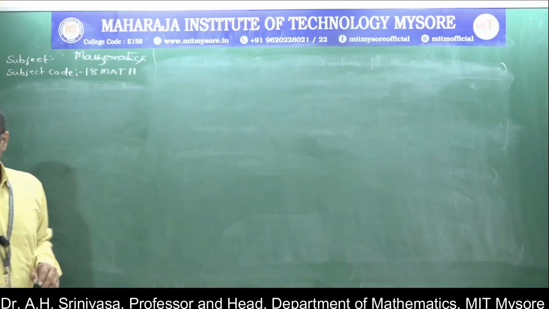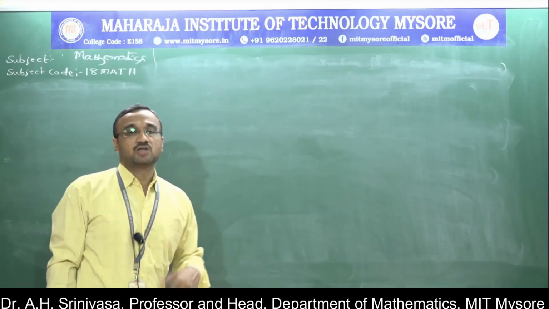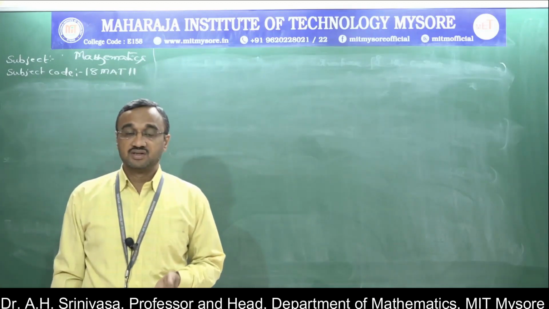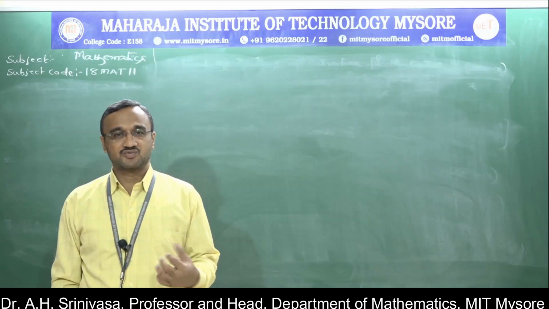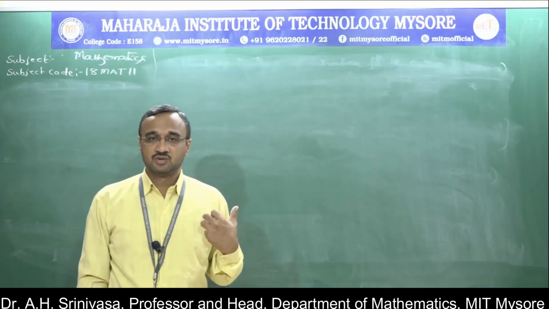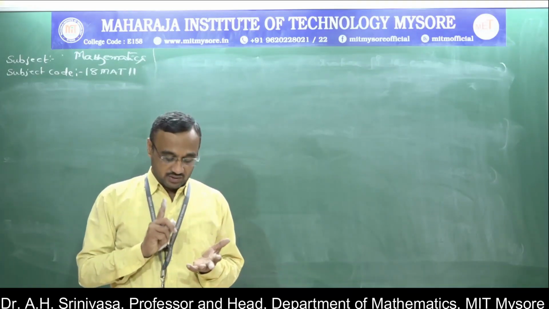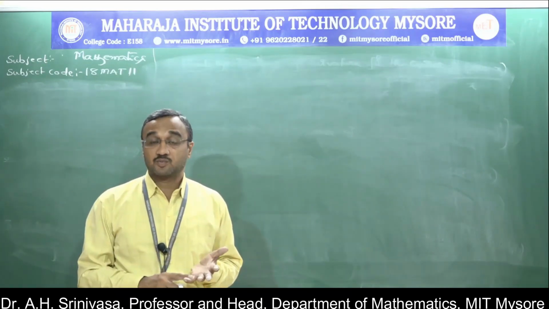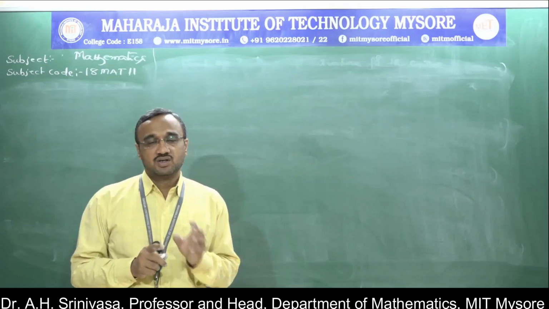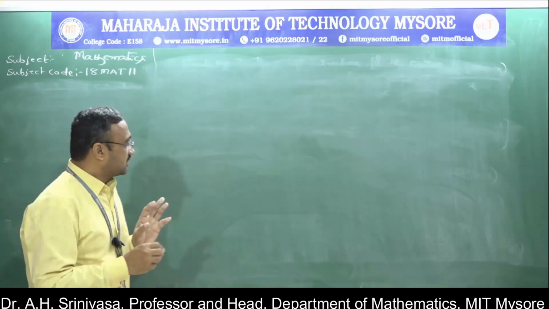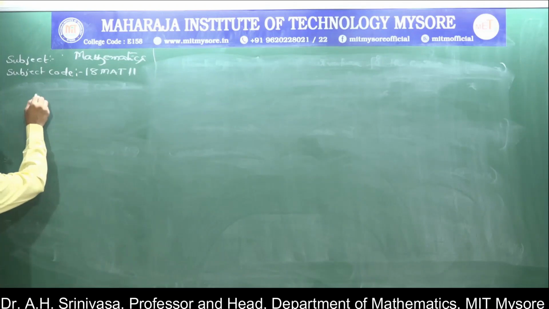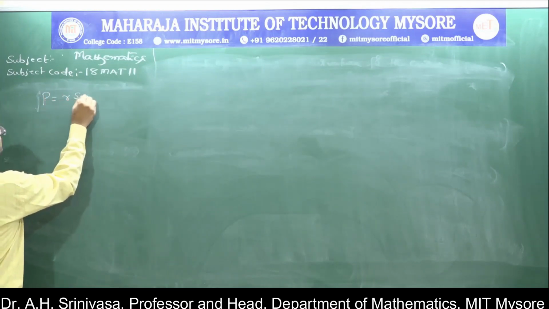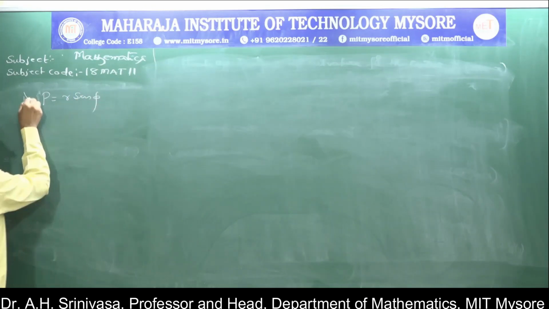So now we are going to solve some more problems, that means finding the radius of curvature in case of polar curves. Before solving these, to find the radius of curvature for a polar curve, we must remember the results. Use this result: P equal to R sin phi.